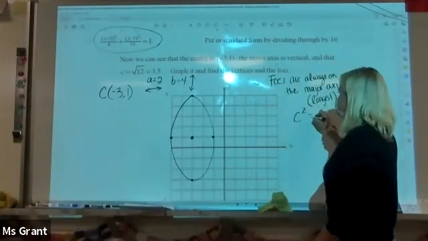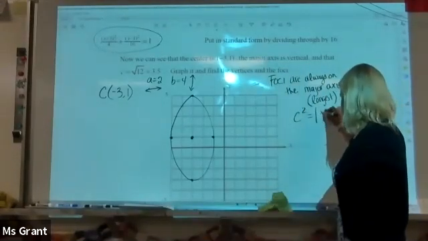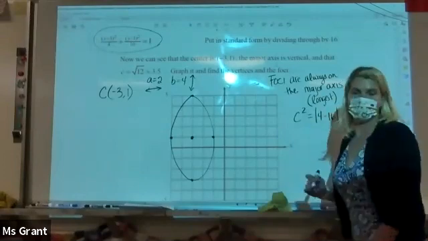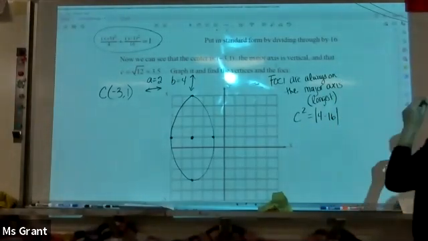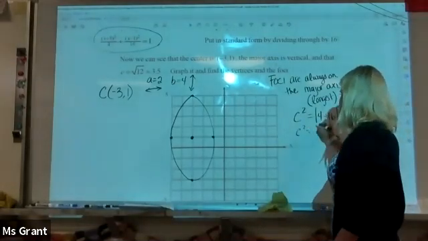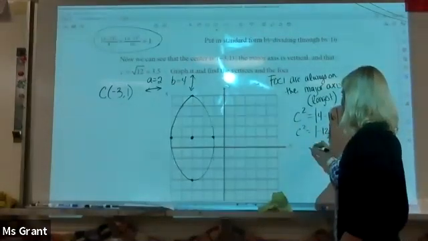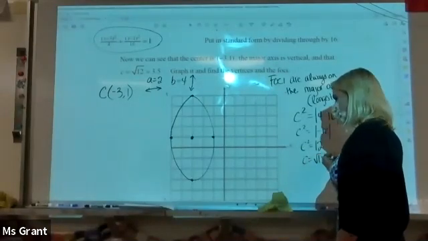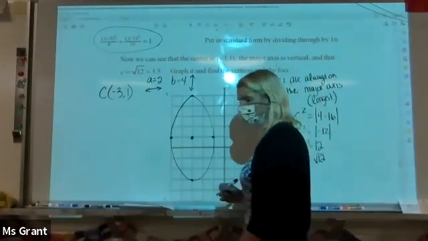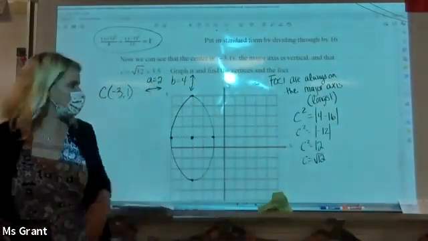My foci, by the way: 4 minus 16, a squared minus b squared. The absolute value of -12. Radical 12. Well, radical 12 is about 3.5.